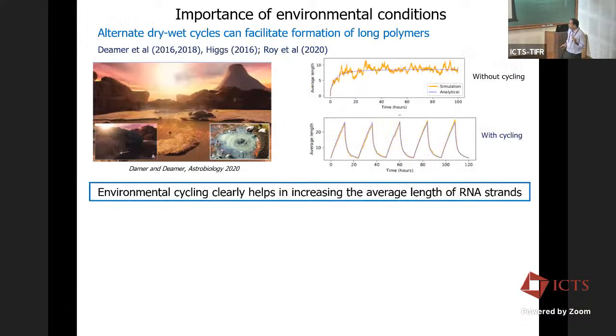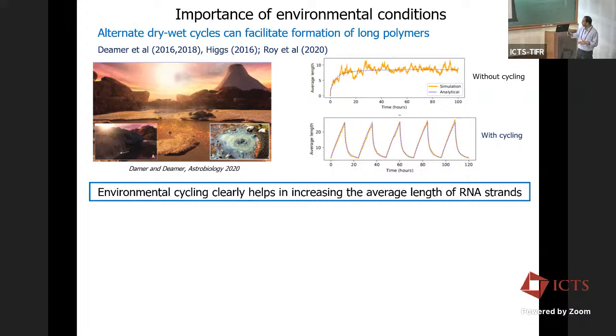So one way to do that is to look at possible environments in which these polymers first started forming. And one such environment that has been proposed is an environment near a hot spring, which undergoes these cycles between hot and dry and cold and wet phases.